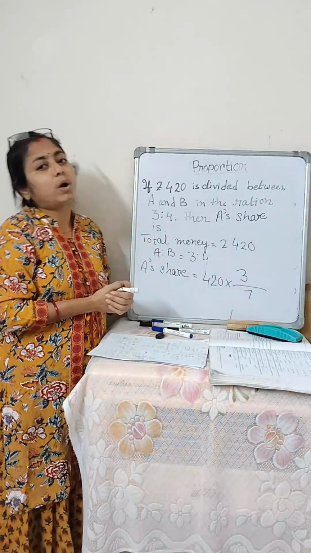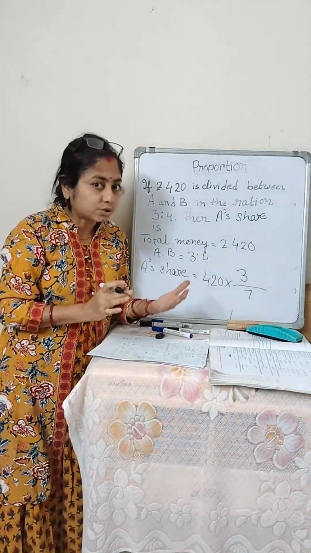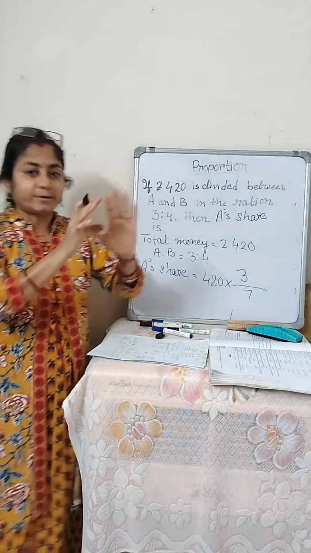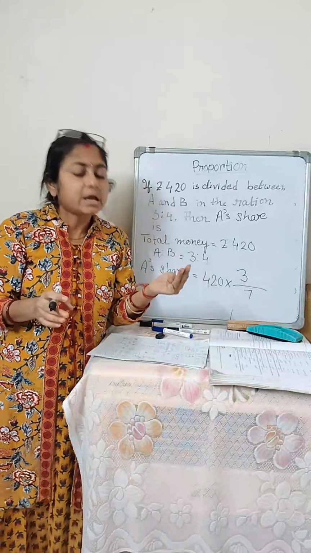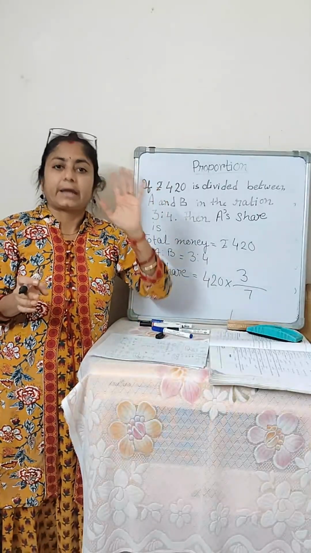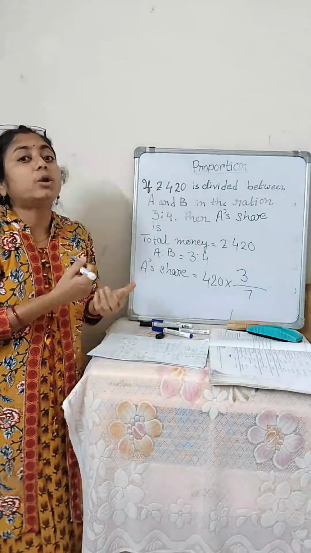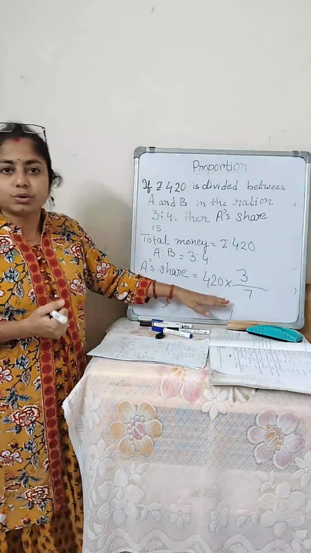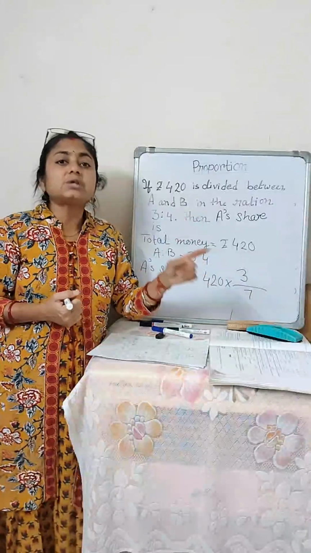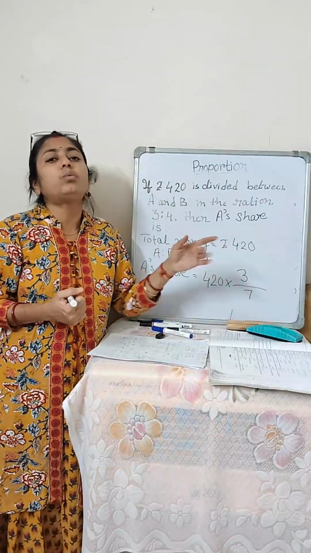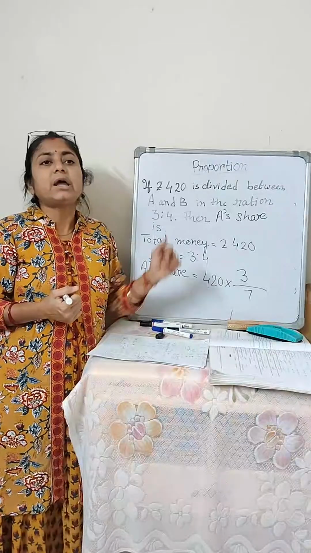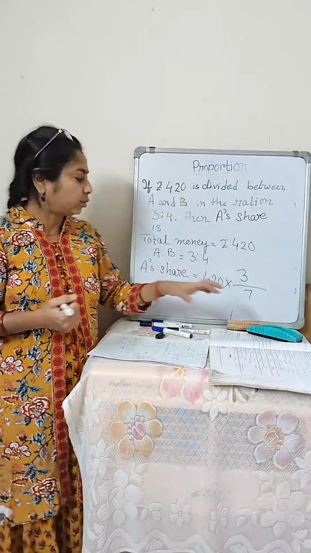Total money is 420. It is divided into 7 parts. Of these, A can get 3 parts and B can get 4 parts. But how do you find it out? You write 420 into 3. 3 is A's part. And down below, you add A and B's total parts, right?